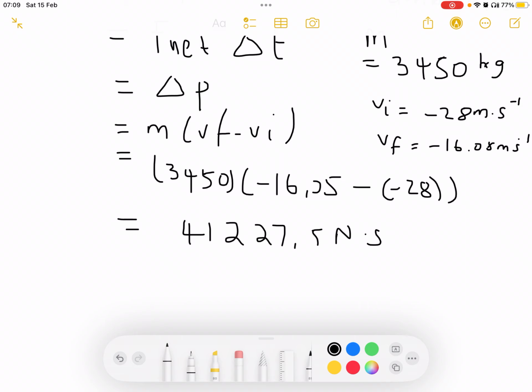We're getting a positive value, so that is the impulse on the ambulance from the car, which is going eastwards.